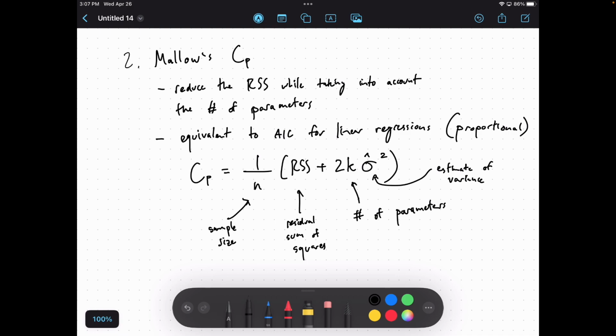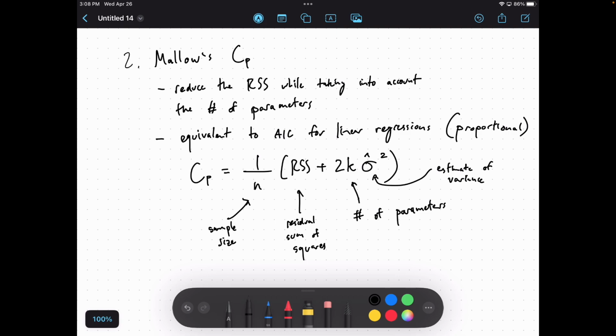So let's walk through this one again. Let's say, quote unquote, the better my model is, or the better that it is at predicting, what happens to my residual sum of squares? Goes down. It goes down, exactly. And that's what we want. So the better the model is, the smaller the RSS, the smaller my CP value is, my Mallow's CP, and therefore the criterion is saying that it's a better model.